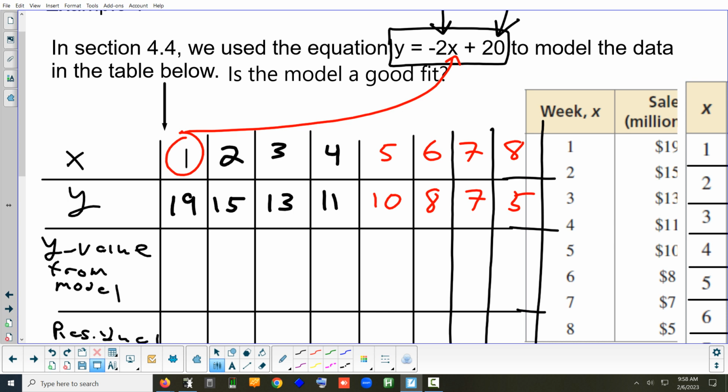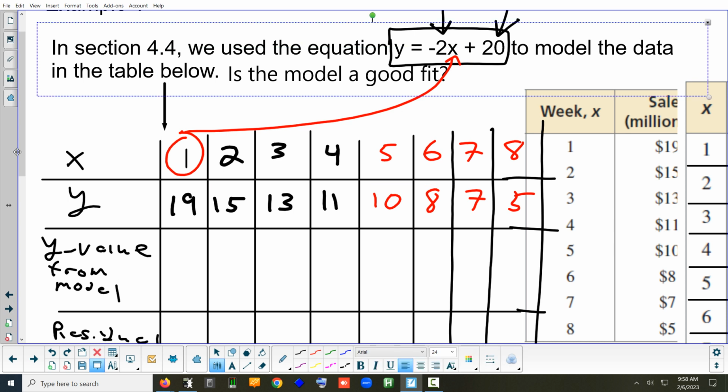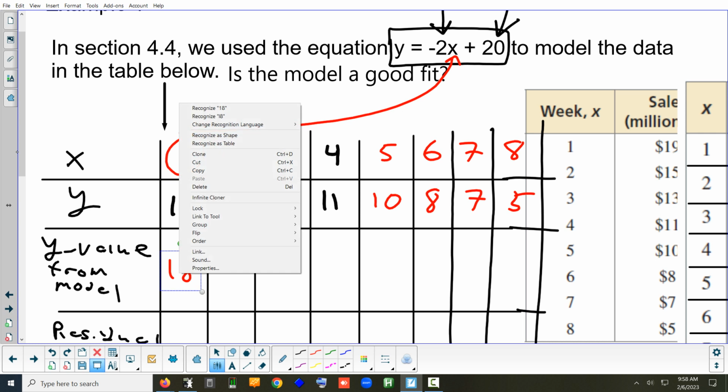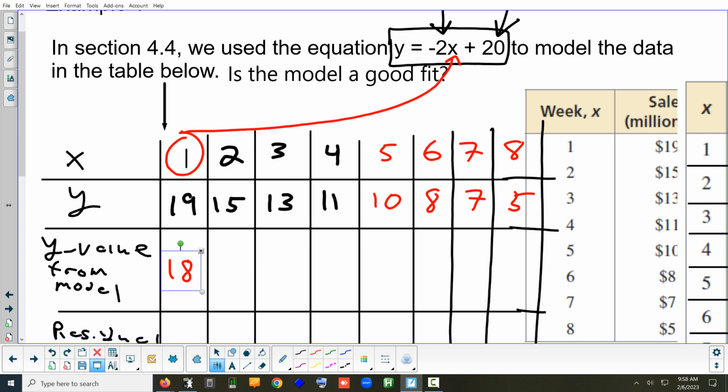Yep. And what's -2 plus 20? 18. So this is the actual money that the movie made. This is how much money the formula predicted the movie would make. I'd say that was pretty good. It was pretty close. It's a little bit off, but it's only 1. That's not bad. Now let's plug in 2.